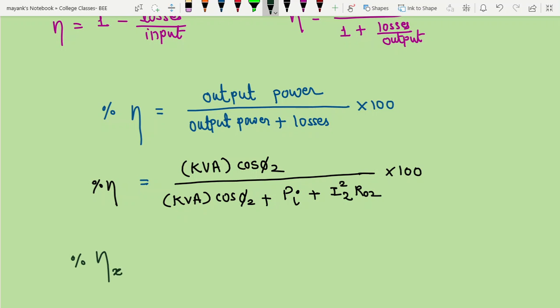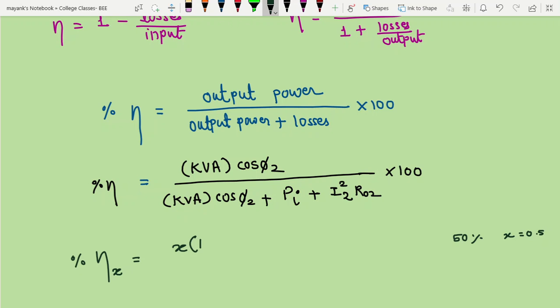So we use the fractional efficiency formula, where x represents the fraction of the full load current, full load power, full load condition. For example, if half of the load is there, 50% load, then x equals 0.5.